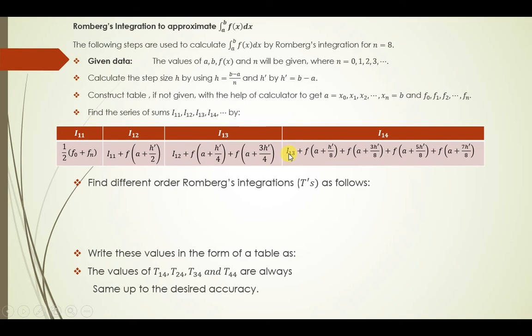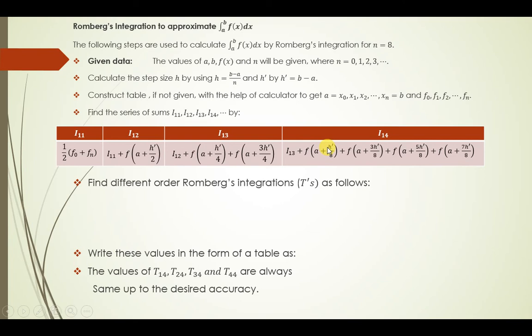That is I13, this I13 plus f of a plus h prime by 8. You see, this is the multiple of 2, that is 2, then 2 2s are 4, then 4 2s are 8. So that is f of a plus h prime by 8, and here is the odd multiple of h prime.